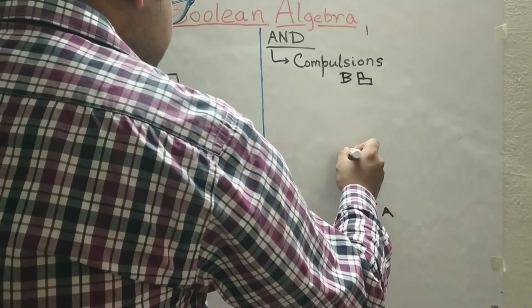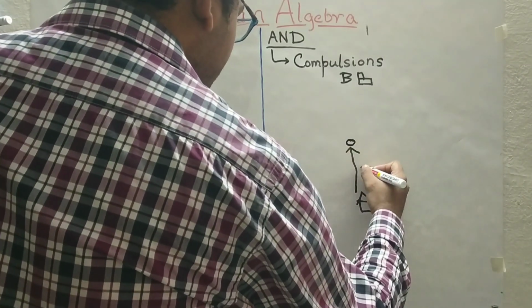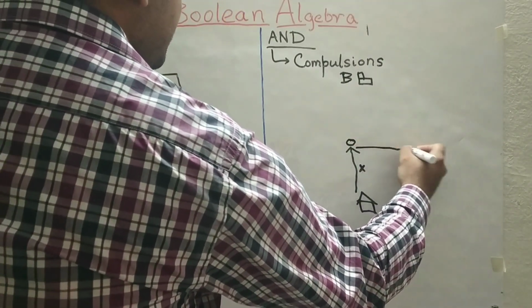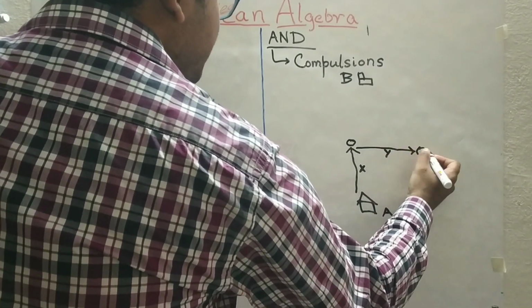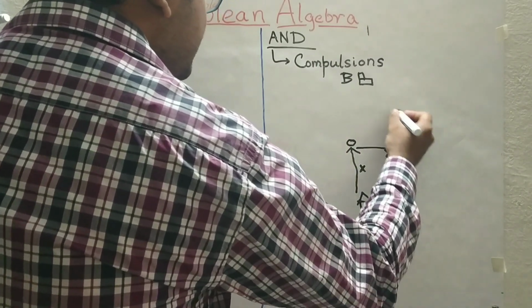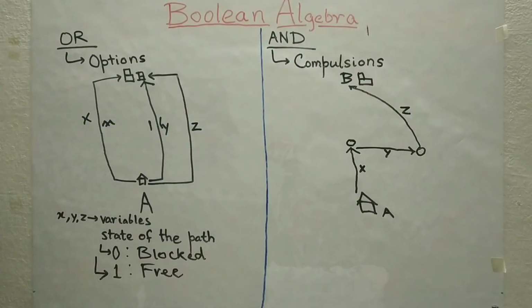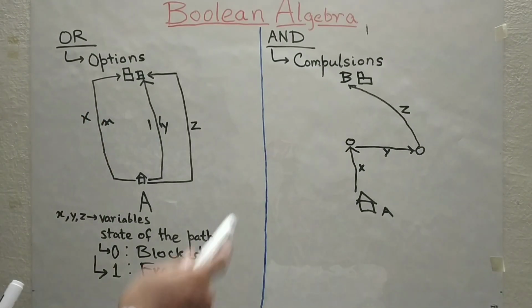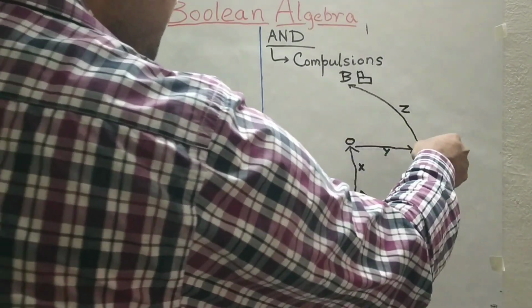There is an X path which leads to this point, following which there is a Y path which takes you from this point to this point, following which there is a Z path which takes you from this point to B. Okay, so X, Y and Z are the three paths. These are compulsions because you have to take the path X followed by Y followed by Z.